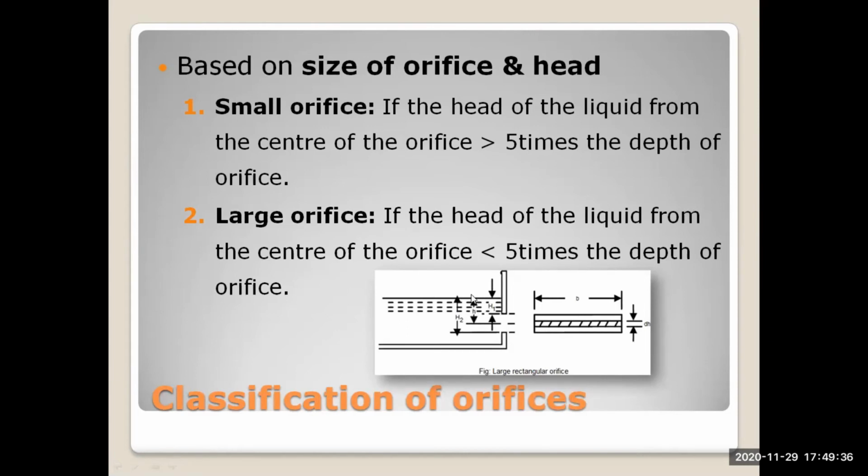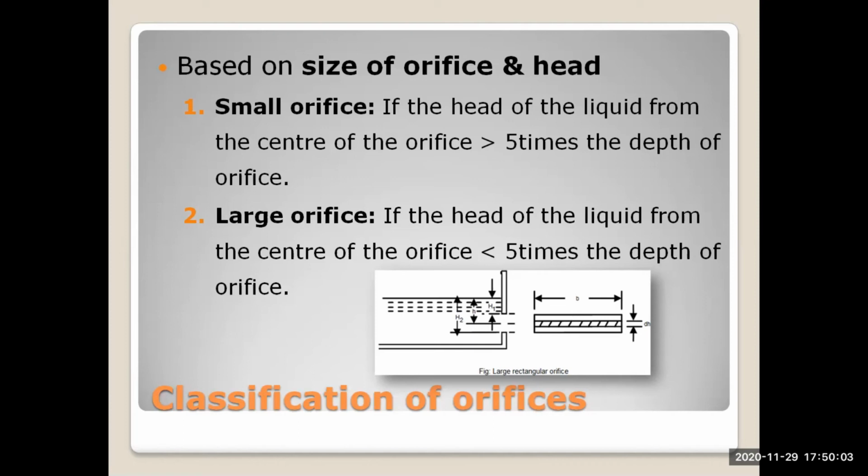If we consider the depth of the orifice as small d, then if h is more than 5 times d, it is called a small orifice, and if h is less than 5 times d, it is called a large orifice.